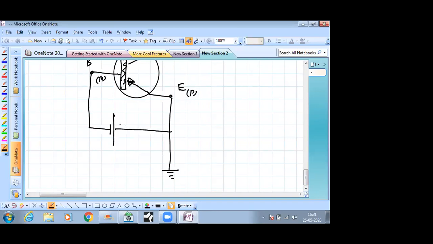The DC battery here will make sure that when the voltage of the emitter is 0, the voltage of the base pin is minus VB. So that ensures that the base emitter junction is forward biased.